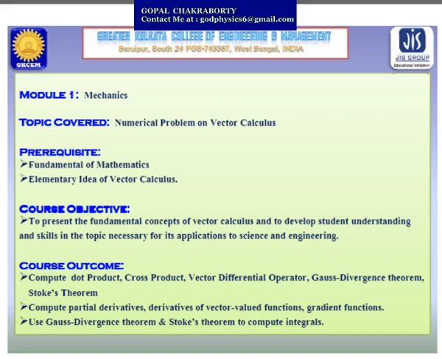The corresponding course outcomes are to compute dot product, cross product, vector differential operator, Gauss divergence theorem, Stokes theorem, etc. Students will also be able to derive different types of partial derivatives, derivatives of vector valued function, gradient function, etc. Also they can use the Gauss divergence theorem and Stokes theorem to compute different types of integral.